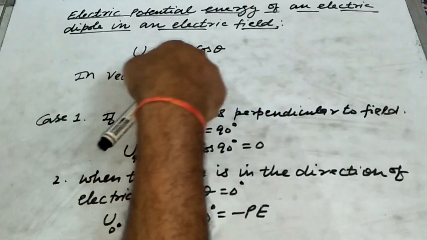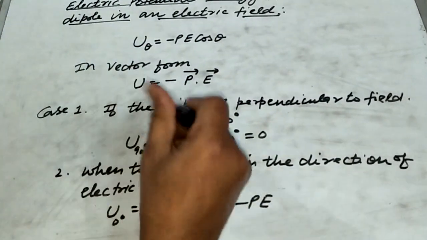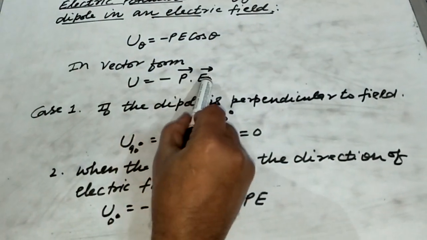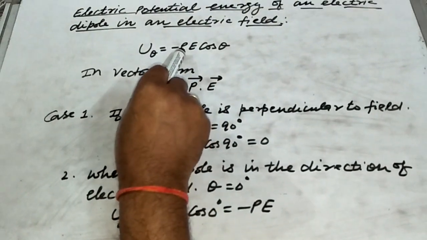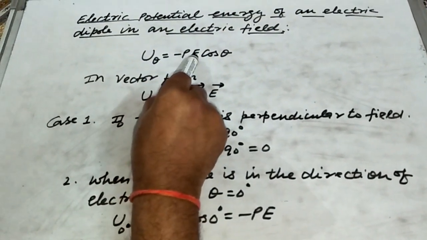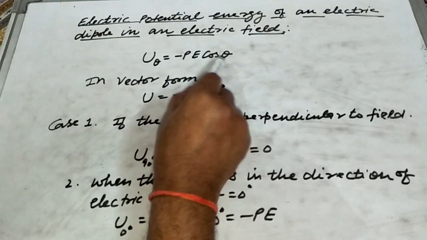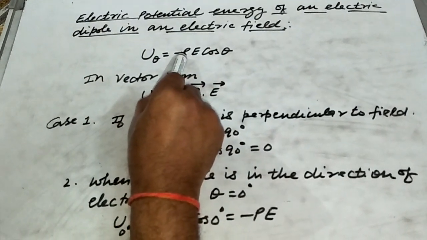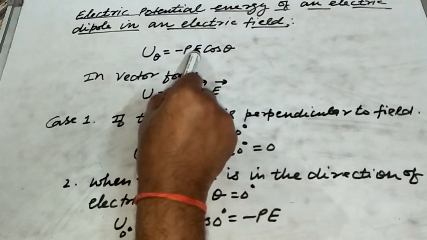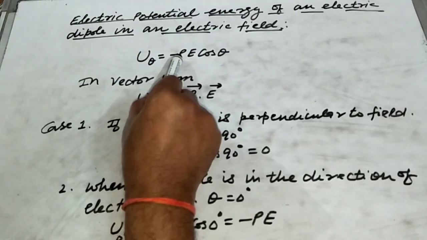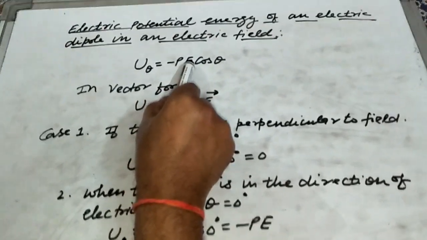The same expression in vector form can be written as U = −p·E. As you know, p is the electric dipole moment, E is the electric field, and theta is the angle between the electric dipole moment and the electric field, meaning the direction of the dipole and the electric field.